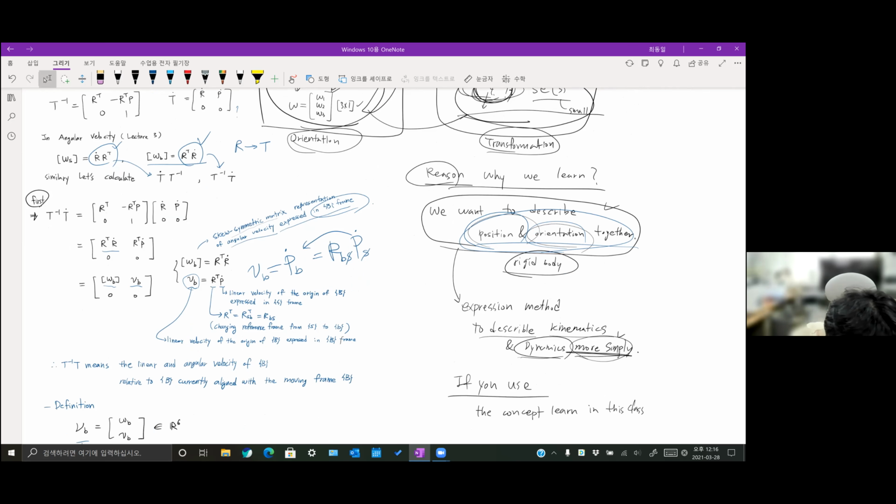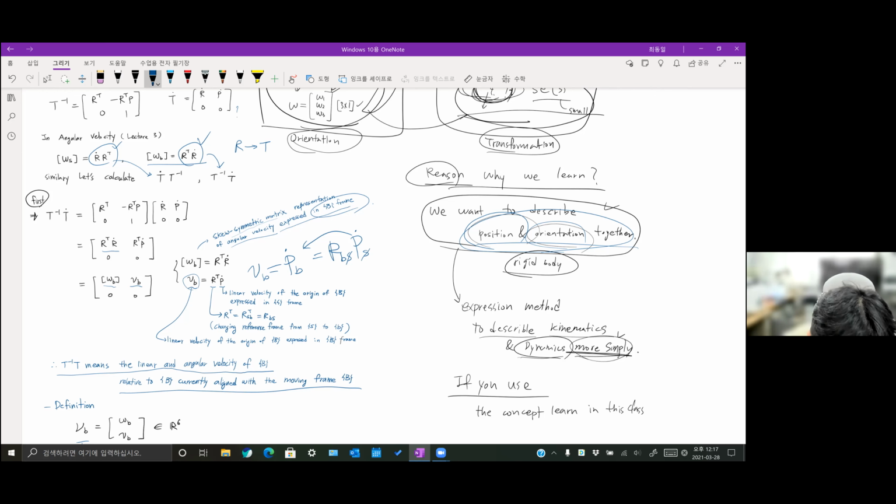So this T inverse T dot means the linear and angular velocity of B frame relative to B, currently aligned with the moving frame B. Yes, this meaning is a little bit difficult to understand, but this one is some kind of instant velocity of B frame expressed in B frame.